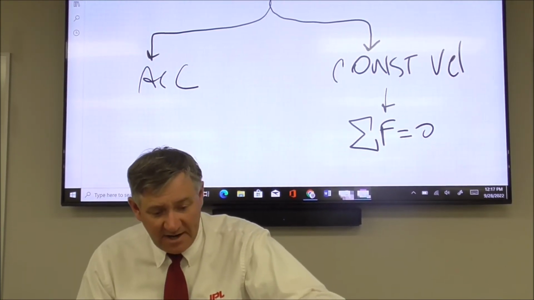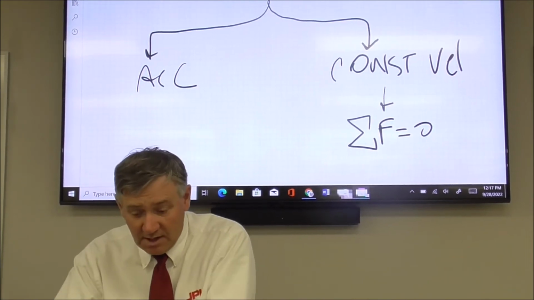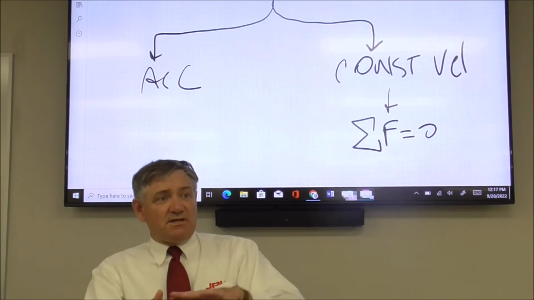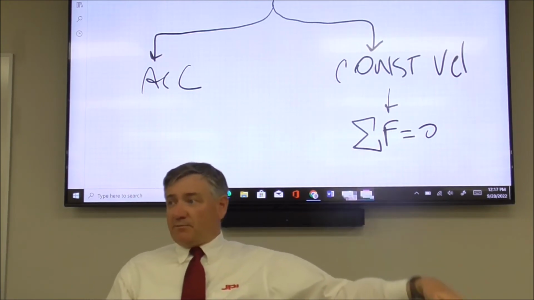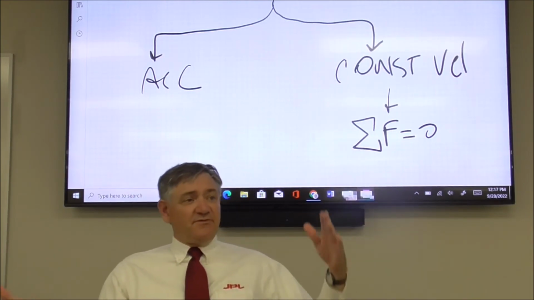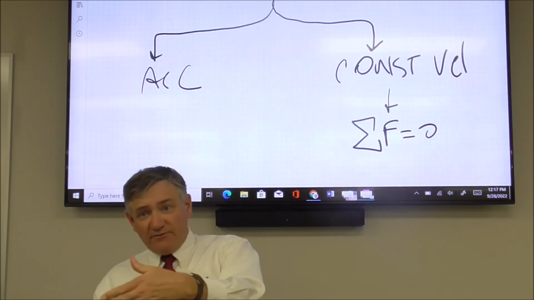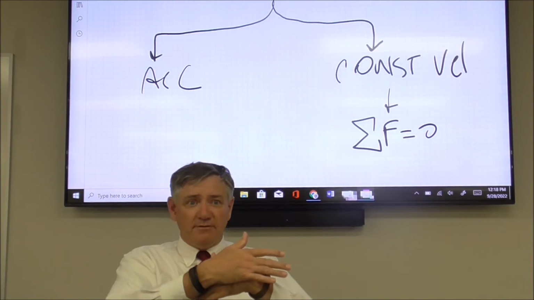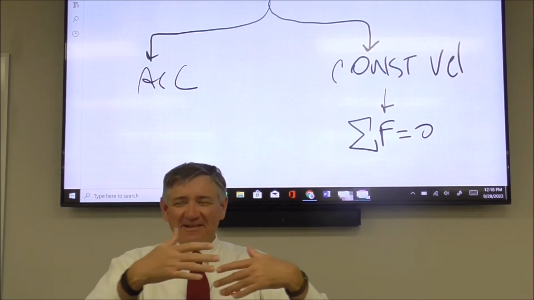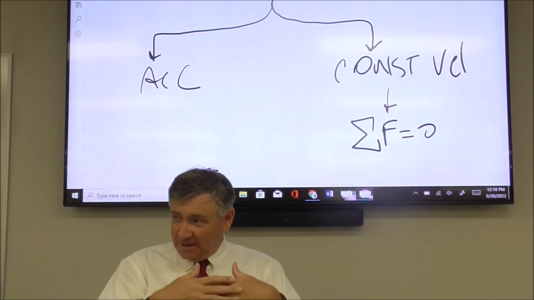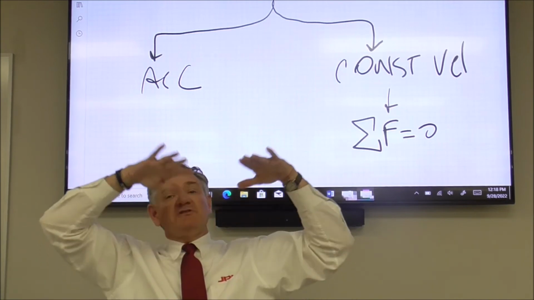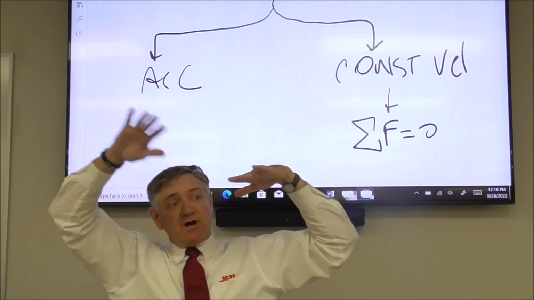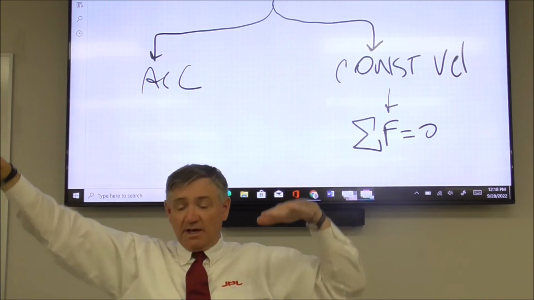So if I let this cart go long enough, it would eventually reach a constant velocity. If I let this thing go, it's not going to break the sound barrier eventually. Okay, eventually the opposing force of air resistance is going to balance out the forward force from the fan, right? Those would balance out. Eventually this thing would level off, and your velocity time graph would produce a horizontal line.